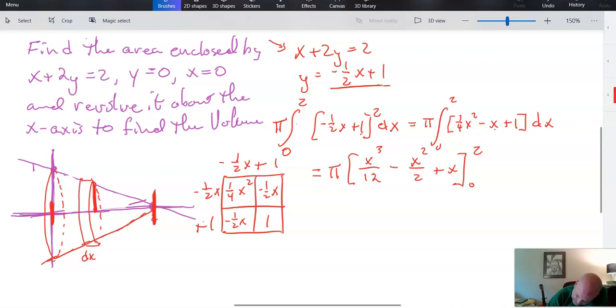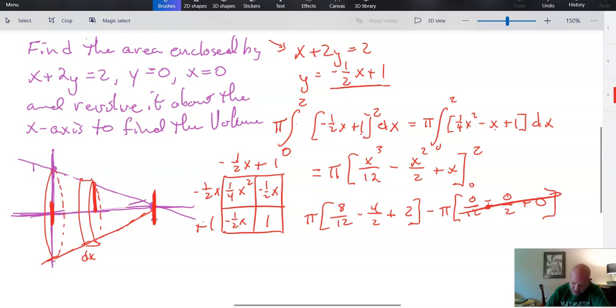So if I evaluate this at 2, this is pi times 8/12 minus 4/2 plus 2. And then minus everything evaluated at 0: 0 over 12 minus 0 over 2 plus 0.